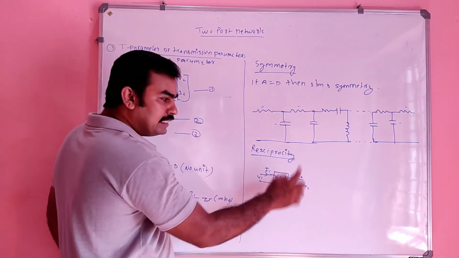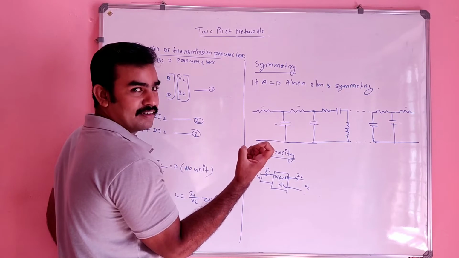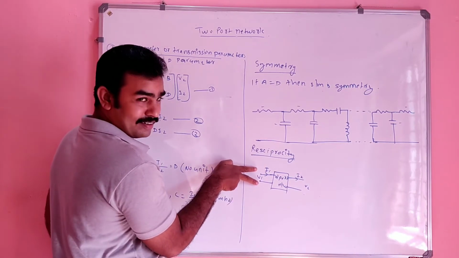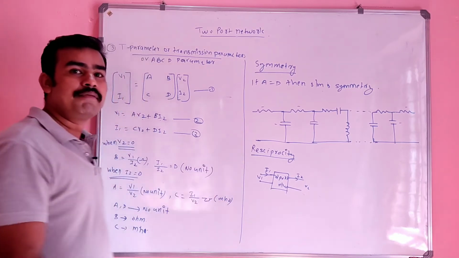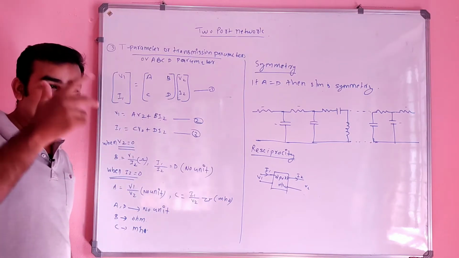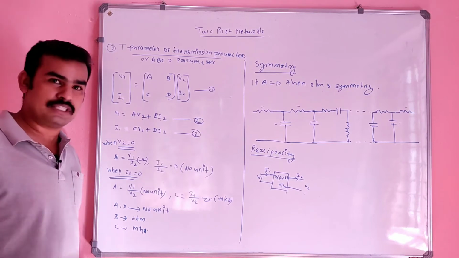At that time, if you take a voltmeter and measure the terminal voltage here, it will be the same as V1. That is another way of explaining reciprocity.